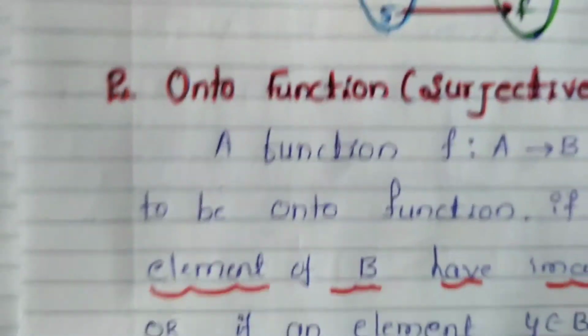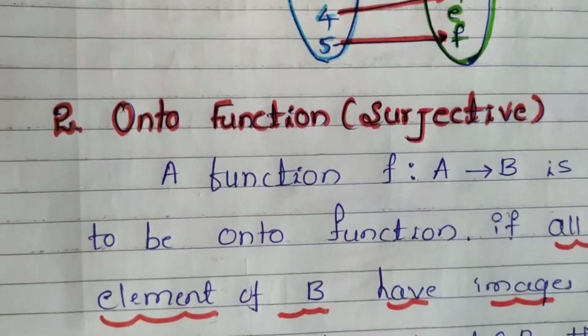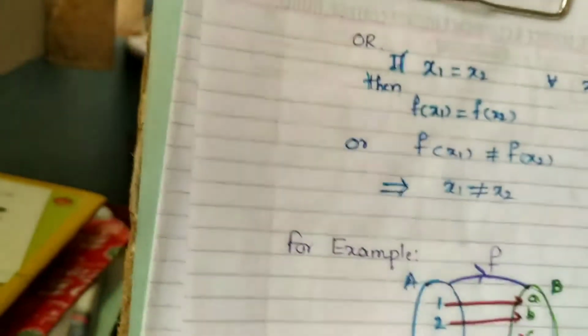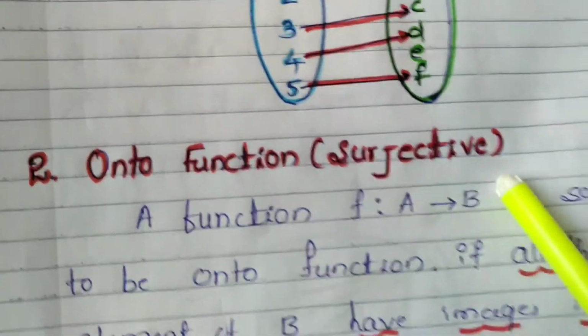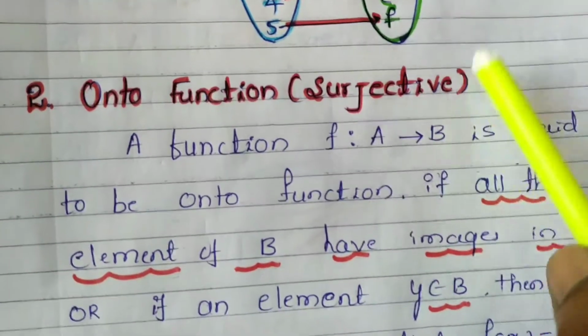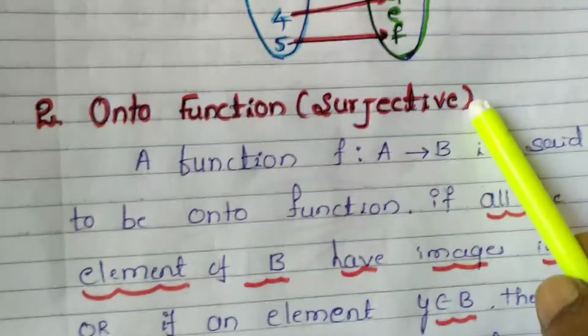Okay friends, after the 1-1 function, let us go to the onto function. The onto function is also called surjective. Injective is 1-1, surjective is onto.